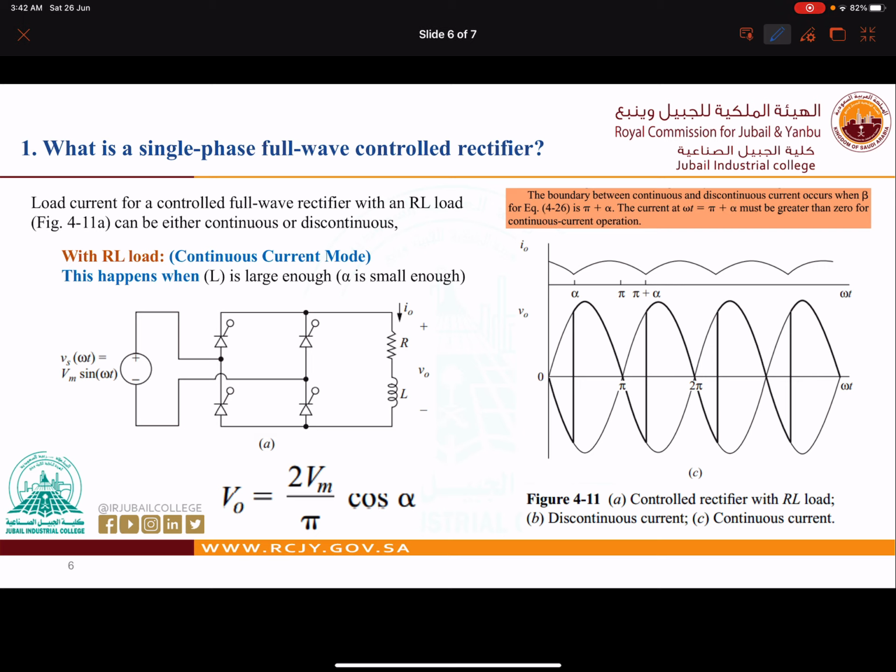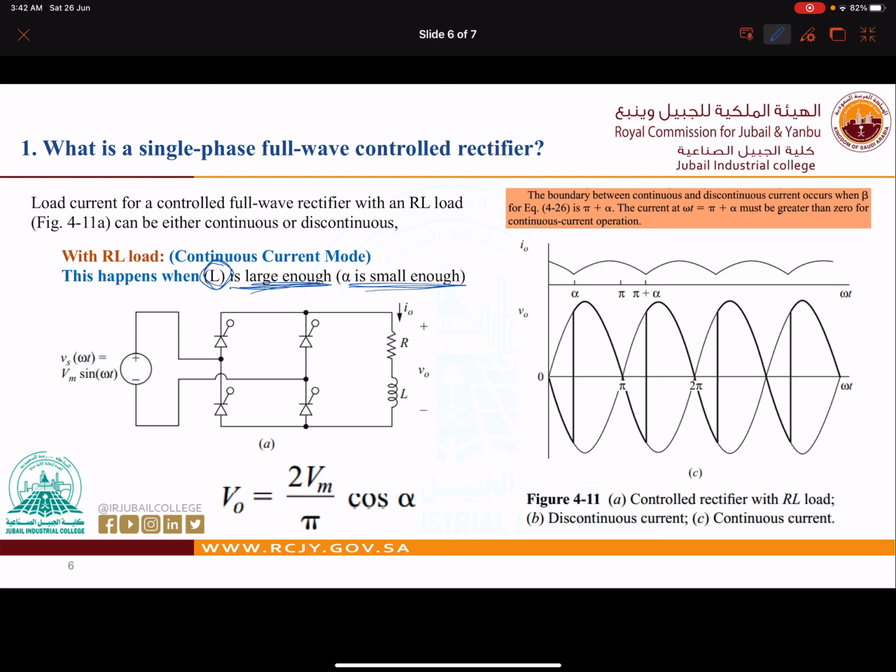For the continuous current mode, this happens when the inductive load is large enough and alpha is small enough. Inductive load is large enough because we will have more discharge current, right? And alpha is small enough.